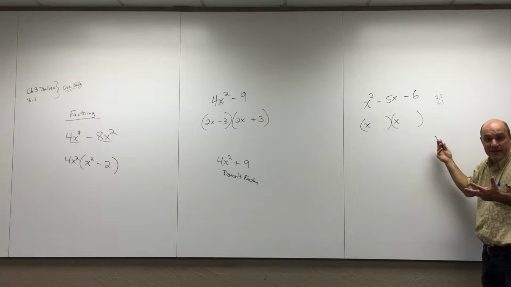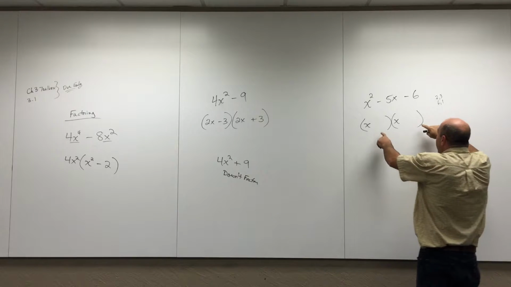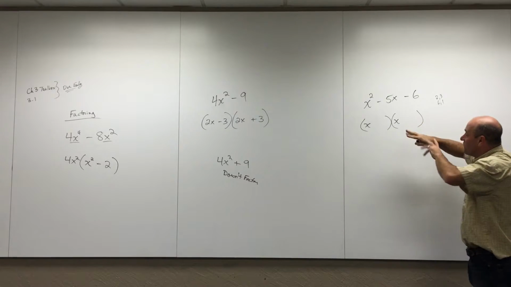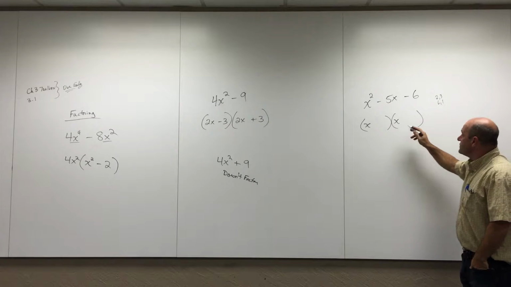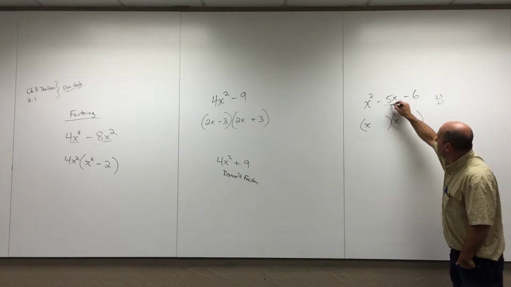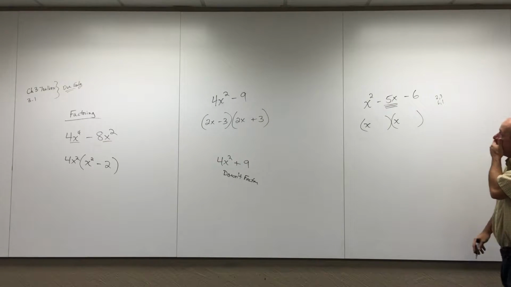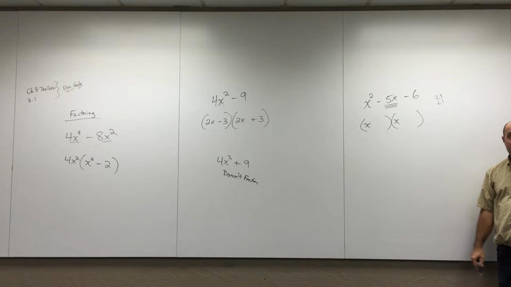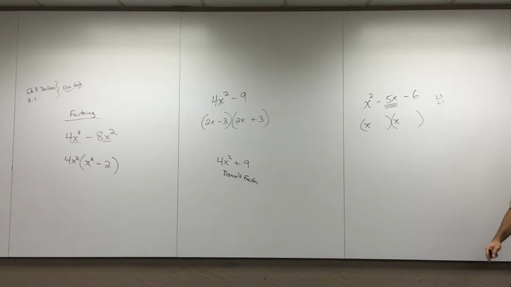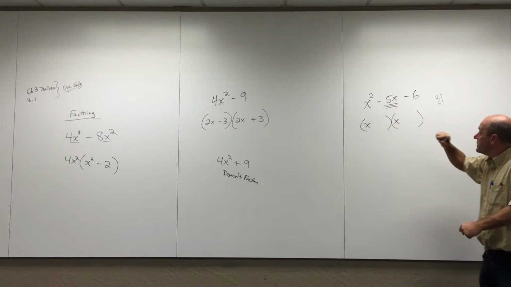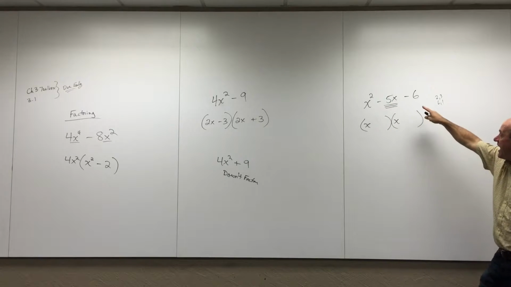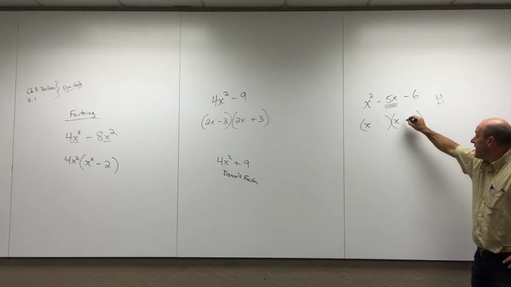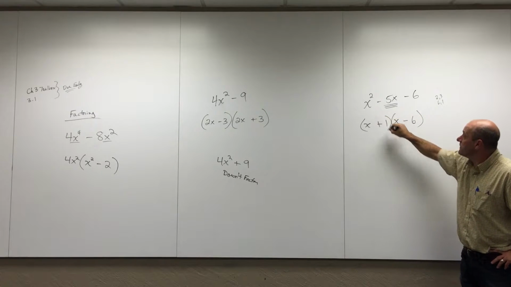That's about it. But somehow, when you do your FOILing, your inners and your outers have to add up to this negative 5x. A lot of students get this one wrong. They think of the 2 and 3 automatically, but that's not going to work on this one. Because of the signs of these numbers, I think I need a -6 and a +1.